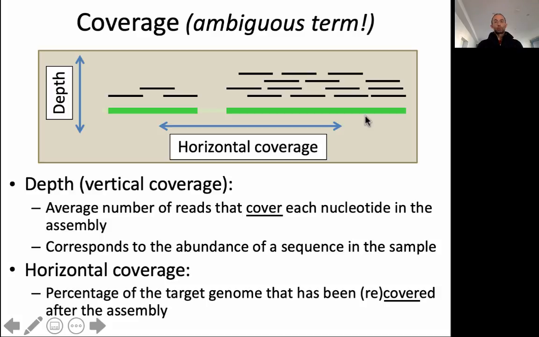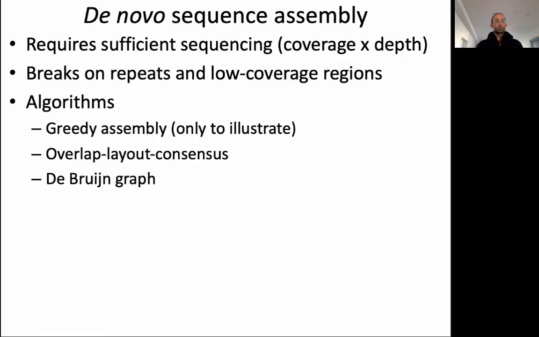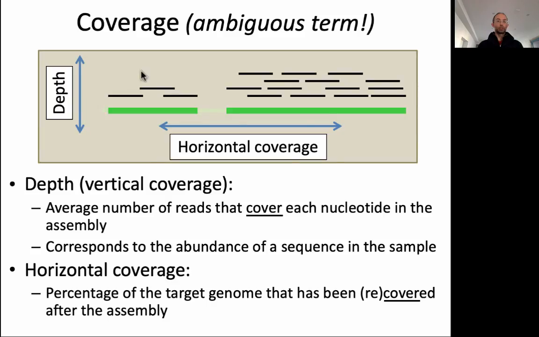Okay, so now that we know all of the terminology, let's continue to the assembly algorithms. There's one thing to mention, which is that for de novo sequence assembly, we need enough data. Of course, we need sufficient horizontal coverage of the target genome.